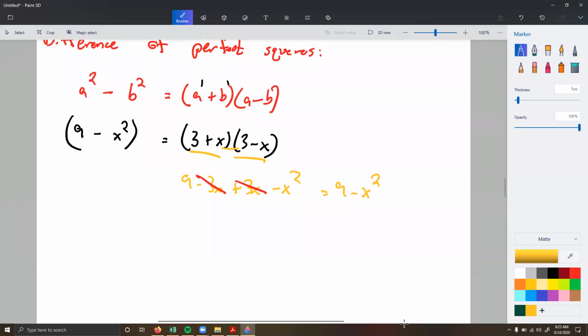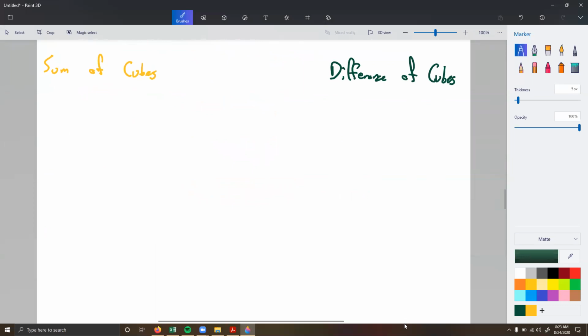Okay, the other thing, we have 2 more rules, except now we're going to take the exponent up a notch. Okay, we had squares on these, now we're going to go up level, we're going to go up to cubes. So we have sum of cubes, and then we also have difference of cubes. Okay, now the sum of cubes, it is what it sounds like.